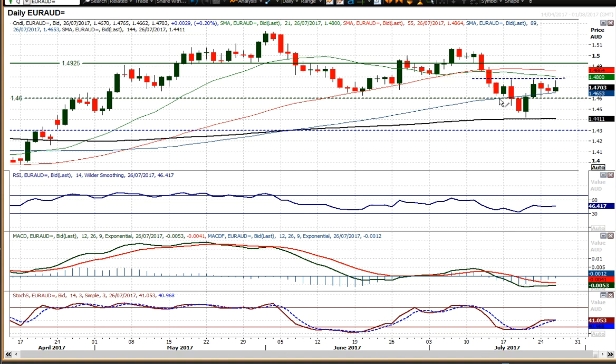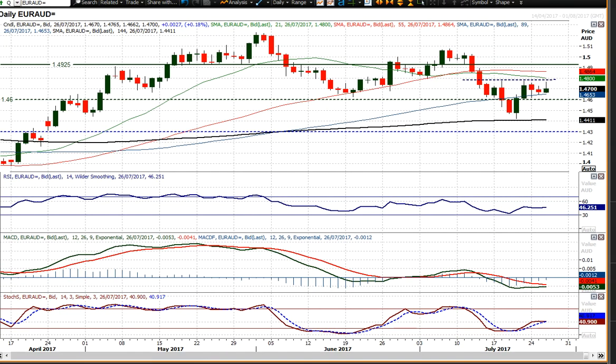The market's now trading between 46 and 47.75, and that is an interesting range, because the break either way could determine the outlook for the near to medium term. A break back below the 46 figure, that old pivot, would put pressure back on the lows again, 44.22.